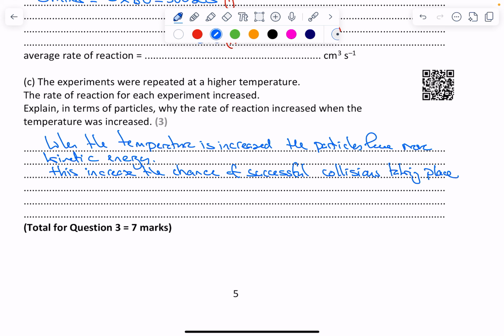Okay, the other factor is that there will be more particles with energy greater than the activation energy.